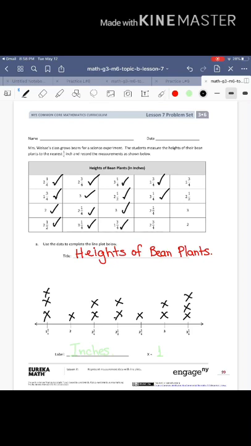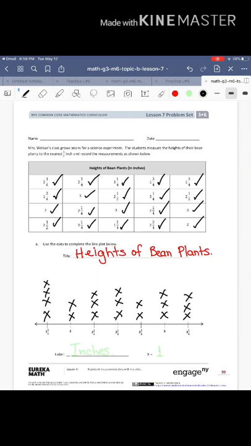I keep on making the same mistake. 2 and 1/4. 2 and 3/4. 1 and 3/4. 2 and 1/2. 3. 2.